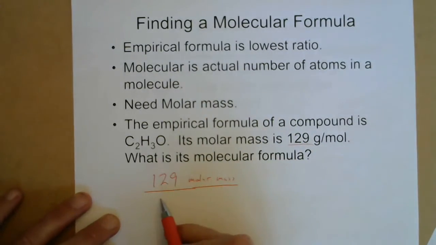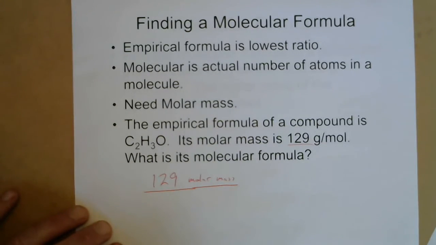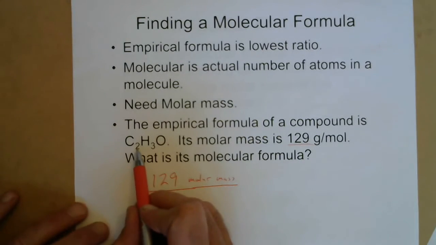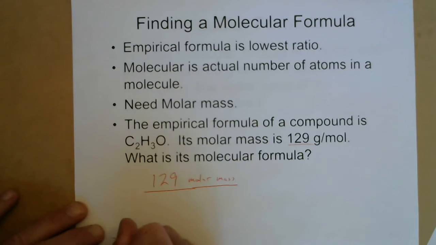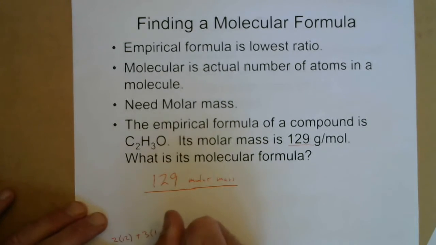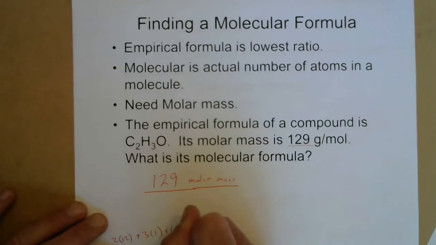And then we're going to divide that by the mass of the empirical formula. So my empirical formula, I have 2 carbons. So that's 2 times 12, plus 3 times the mass of hydrogen, which is 1, plus 16 for the oxygen. So that gives me 43.